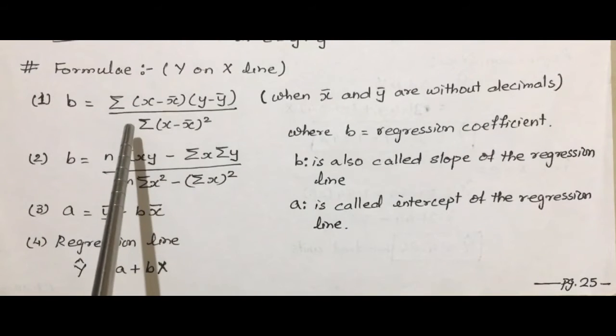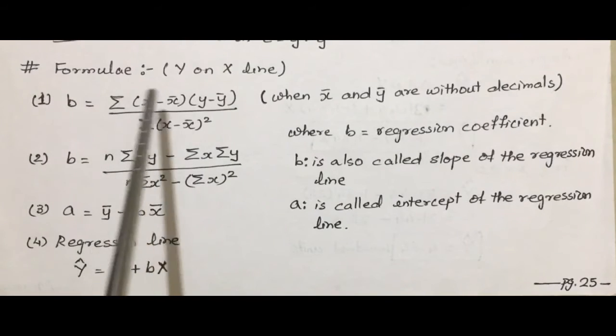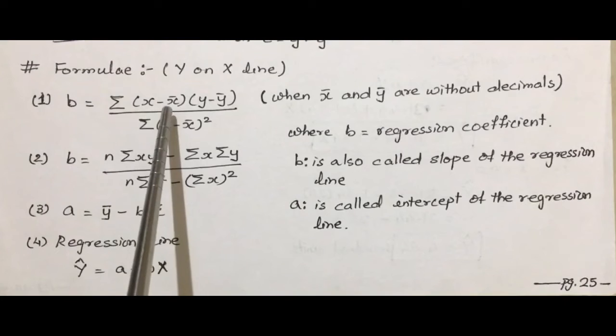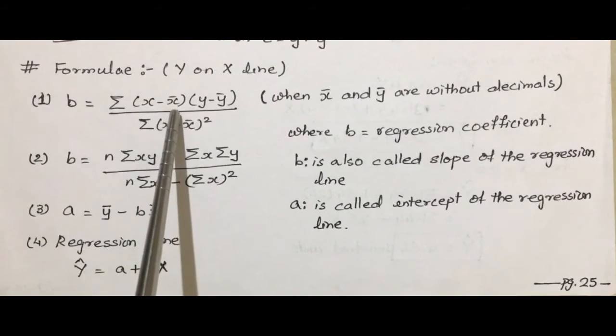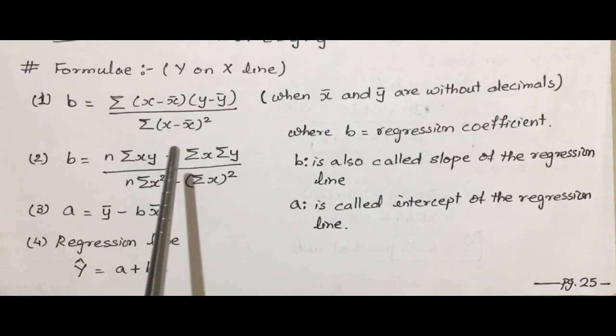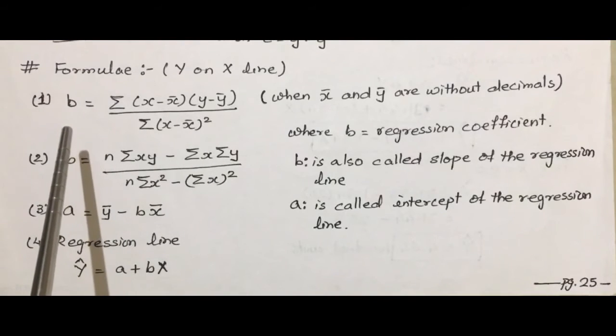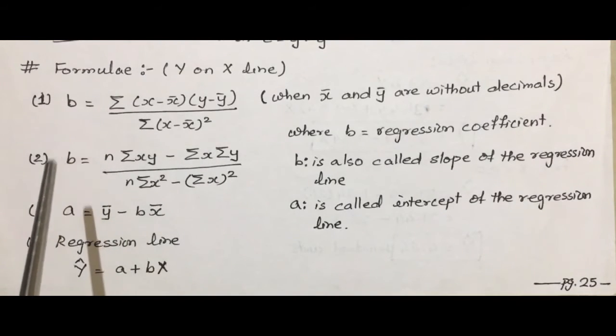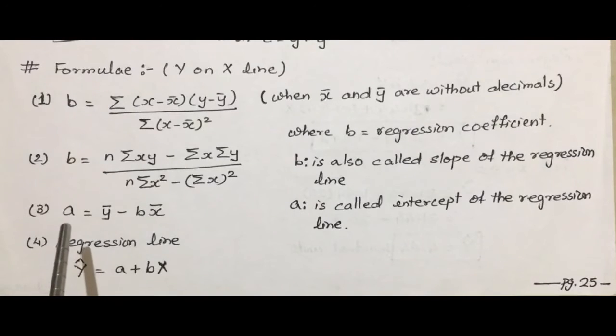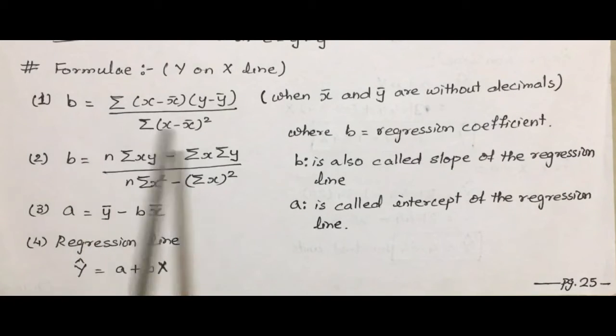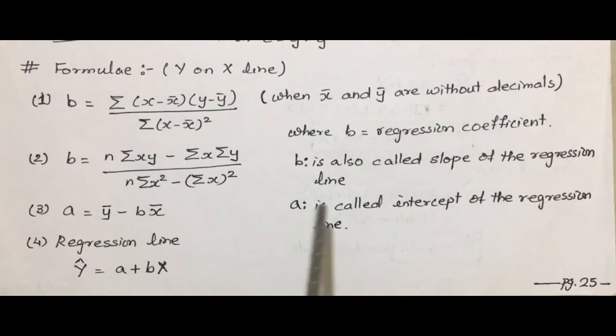So first of all, to decide the formula to be used, we need to calculate the value of x bar and y bar. And then we can decide which formula is suitable or appropriate. Now B is also called to be the regression coefficient.